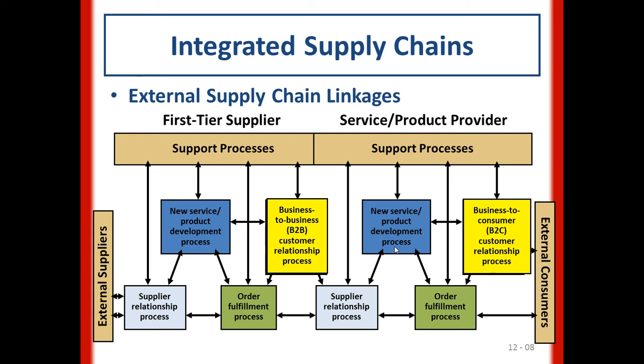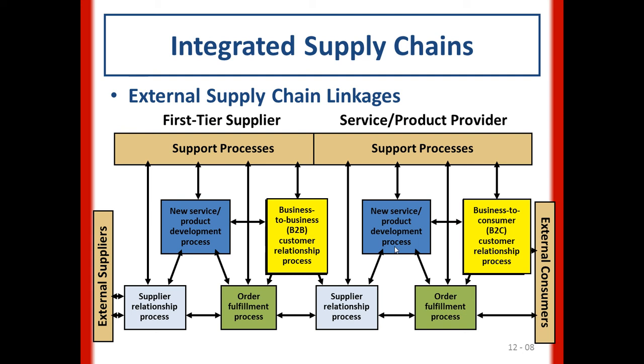Supplier tier 1, or first tier supplier, also includes 4 core processes inside. These internal processes must interact with each other to communicate. And also there are external links between these 2 firms.